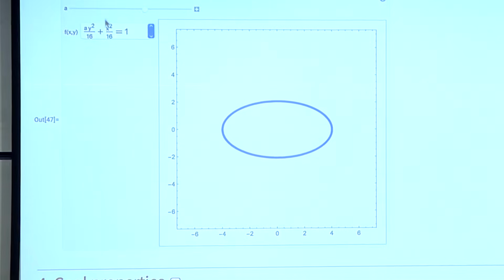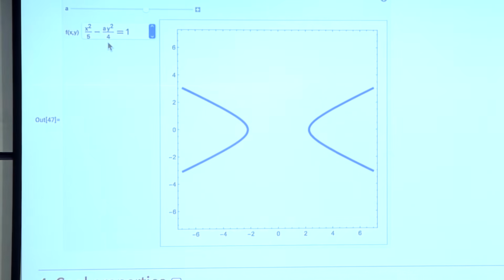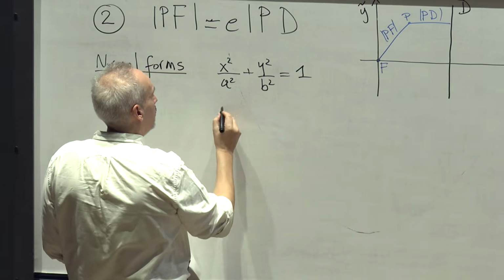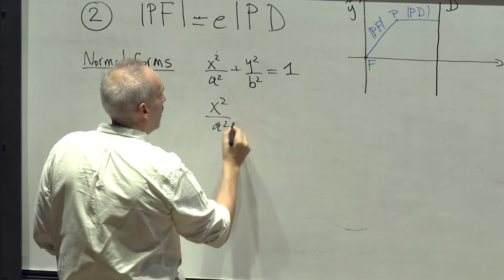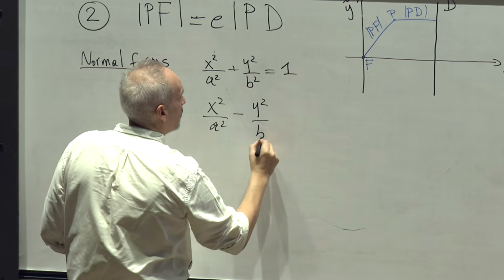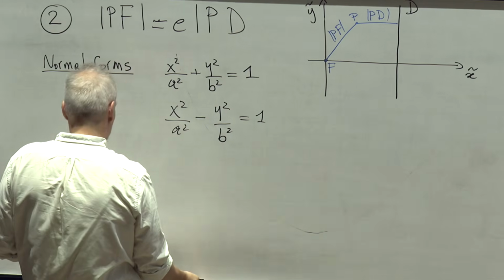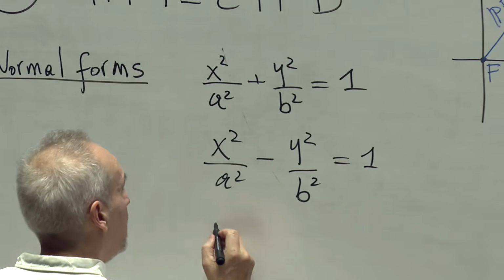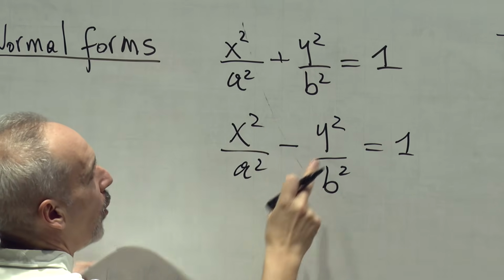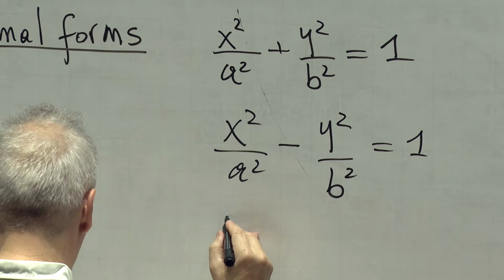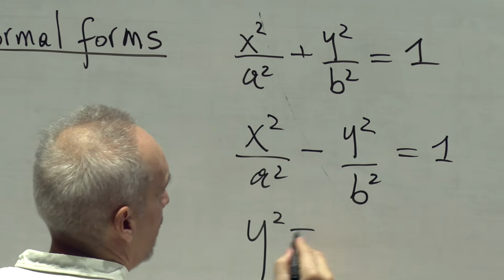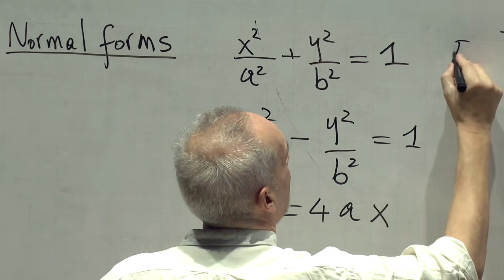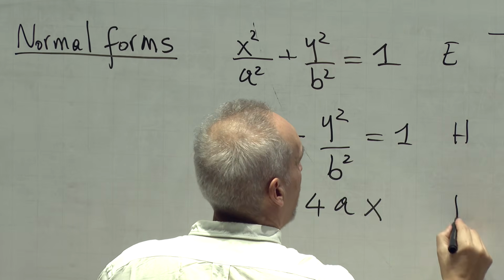If you change one of the signs, you get x squared over a squared minus y squared over b squared equals 1. And the other possibility, that's not quite a limit of any of these, is the one in between, which is y squared equals 4ax. Okay? And so these are ellipses, hyperbolas, and parabolas.